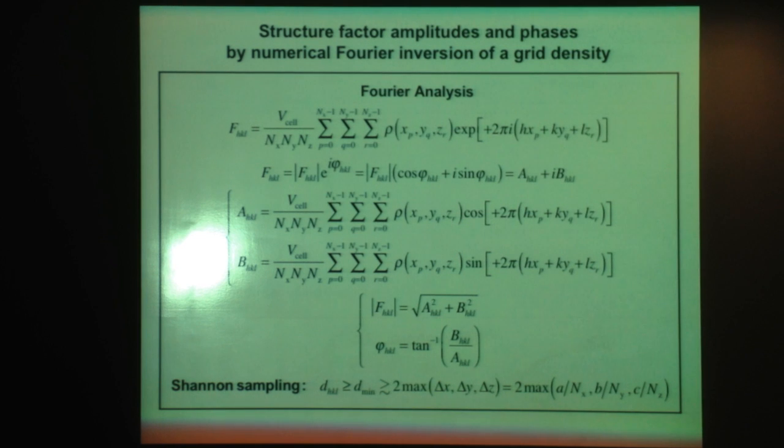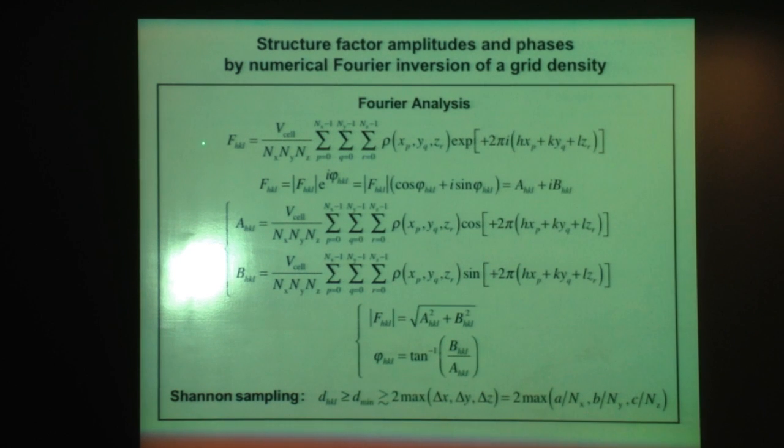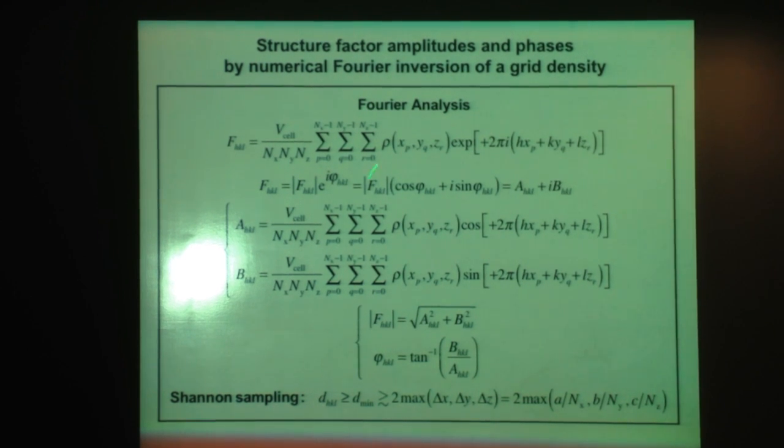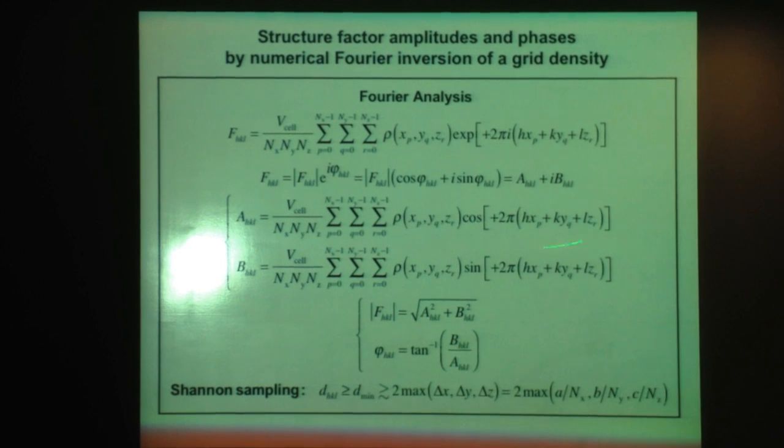Right, so this just expresses the same Shannon condition for the calculation of structure factors given a density on a numerical grid. So that we calculate an A part, which is a sum over the cosine terms.